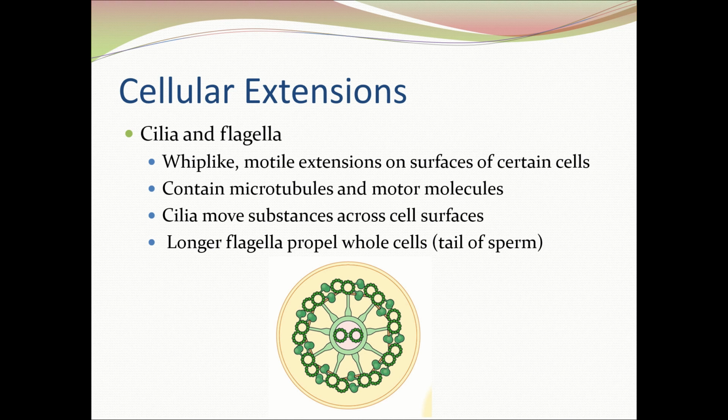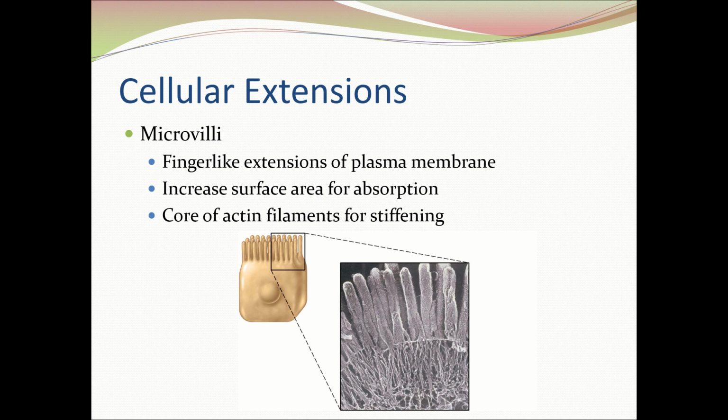This also requires ATP in order for these cellular extensions to move. Another cellular extension that's not part of the cytoskeleton, it's actually part of the plasma membrane, are the microvilli. Microvilli are finger-like extensions of the plasma membrane that increase the surface area for the absorption of nutrients during pinocytosis. It has a core of actin filaments to help support them.